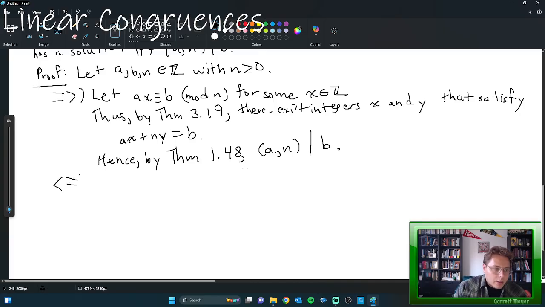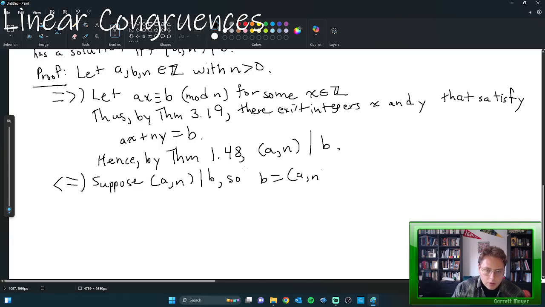And then going in the other direction, let's suppose the GCD of a and n divides b, so b equals the GCD of a and n times c for some c.